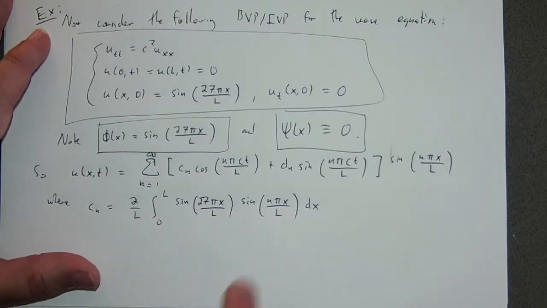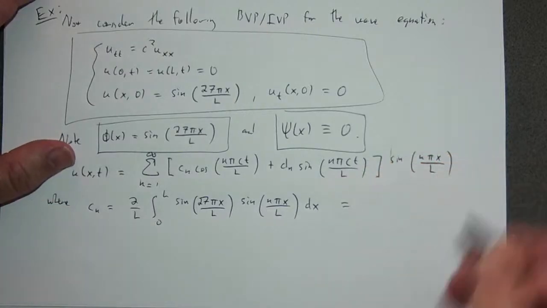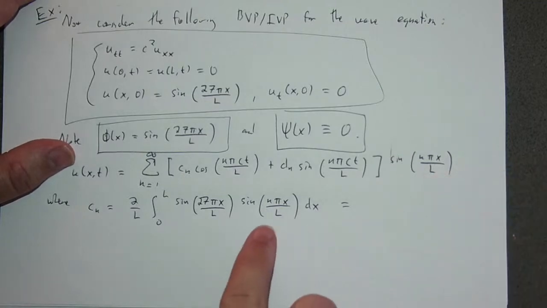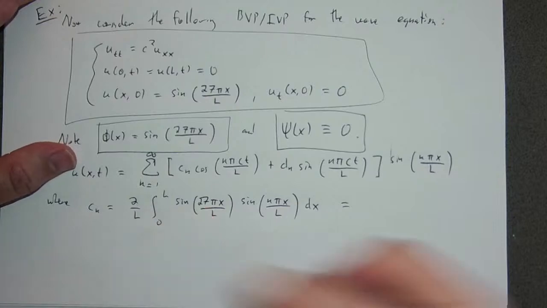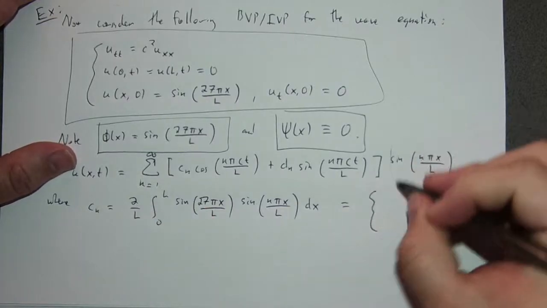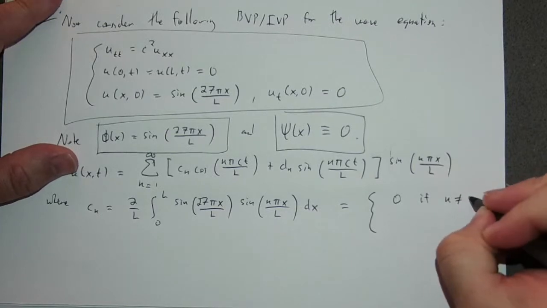Remember the orthogonality relations, right? You just proved in your last homework. This tells me that this quantity is equal to 0 if n is anything other than 27, right? So this is 0 if n is not equal to 27.